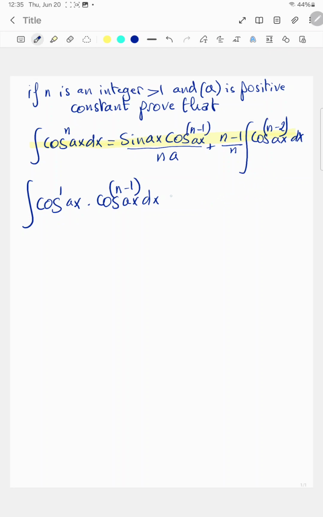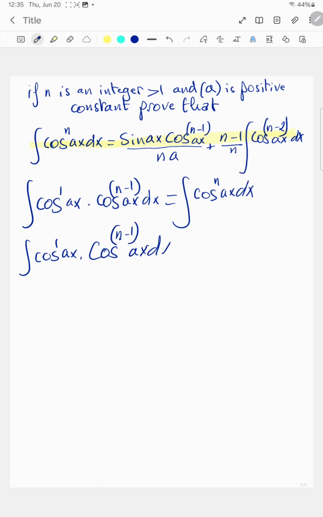So this is equal to the integral of cosine to the power n ax dx. Now, instead of writing that, I will write the integral of cosine to the power of 1 ax times cosine to the power n minus 1 ax dx.